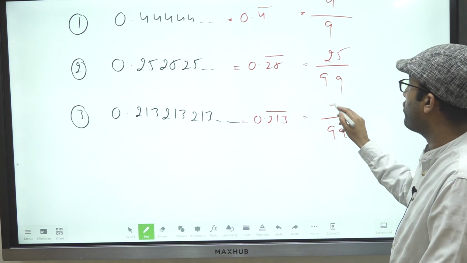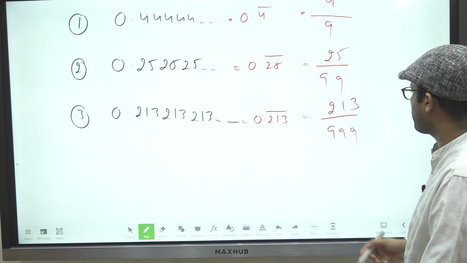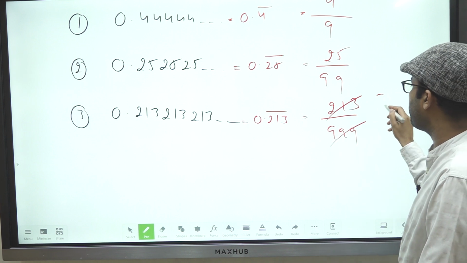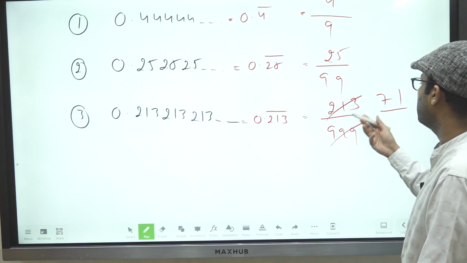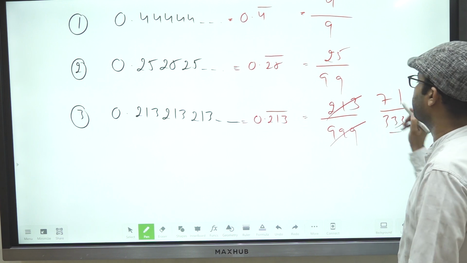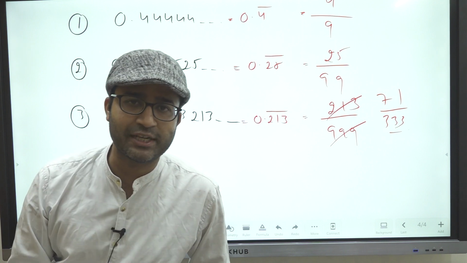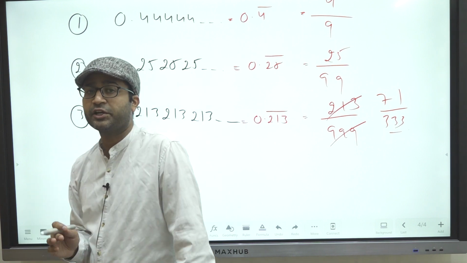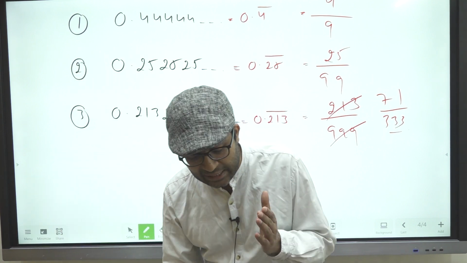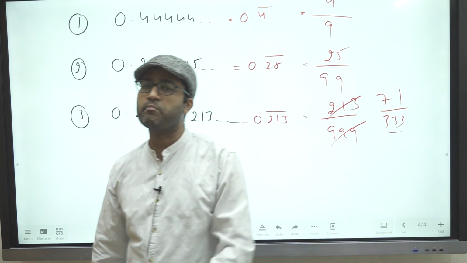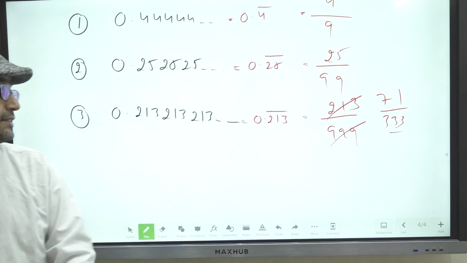Third question, it is 213, so this is 213 upon 999. If you simplify, this is 71 upon 333. So I think all of you are clear with this type 1, as simple as that. Denominator rule is, in our denominator we have as many 9 as many digits on the bar, and numerator mein hoga number as it is.